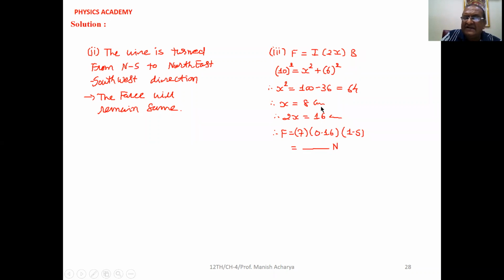So x is 8 centimeter, so 2x is 16 centimeter. So in that particular case, the force acting on the wire is I 2x B, where the current is 7 ampere, 2x is 16 centimeter, so 0.16 meter, B is 1.5. Now solve this one, you will get the answer. Clear?